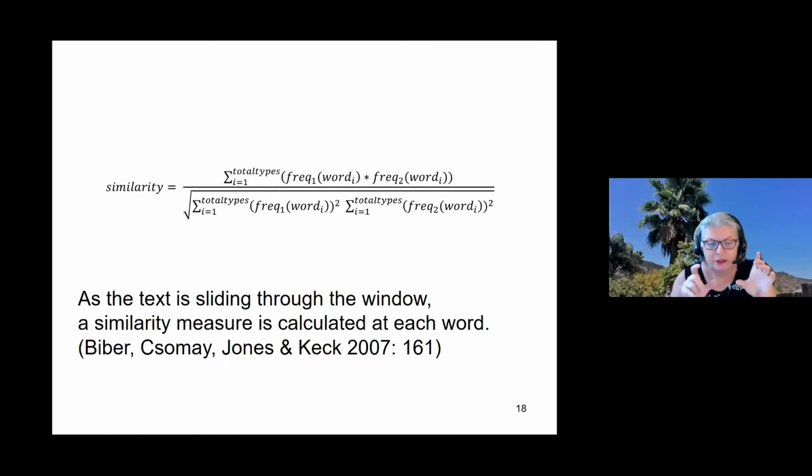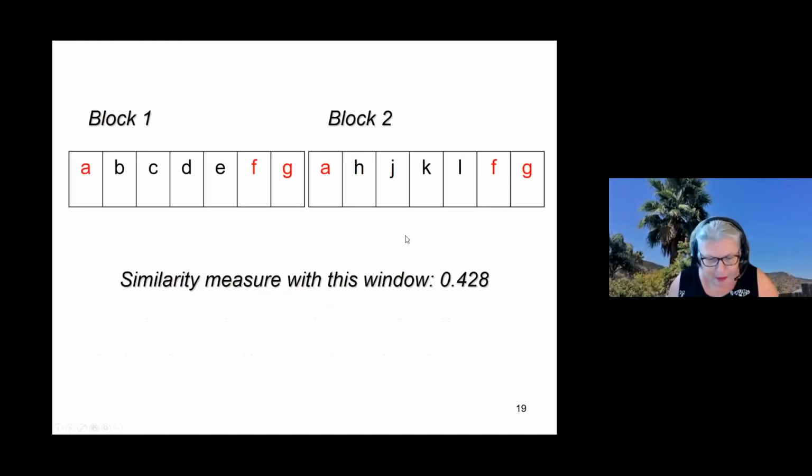But the point here is that as the text is sliding through this window, at each word we're calculating a similarity measure. Let me show you what that means. For example, here we have 3 types of words that are similar. So the similarity value is 0.42 or 43 almost.